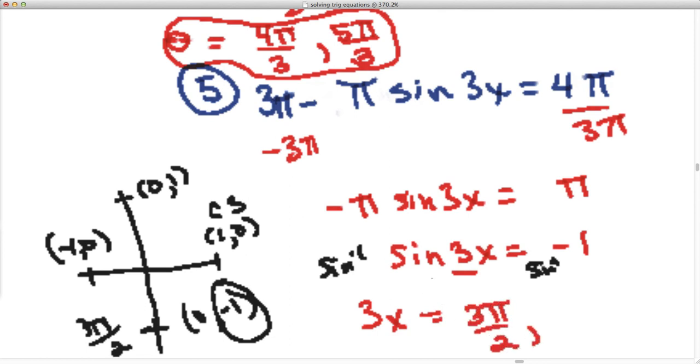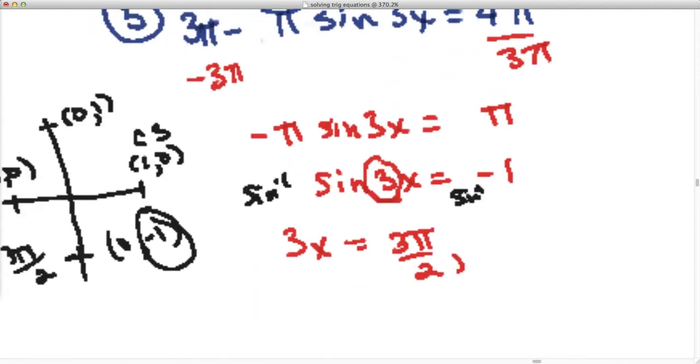We've got to go 3 times around the unit circle because of this 3 coefficient right here. Whatever this number is, that's how many times you go around the unit circle, and you add those answers right here. So to get the next one, I go off to the side and add 2 pi, because the only place that sine equals negative 1 is on this angle here. But if we keep going around the unit circle, every time we hit that, it'll equal negative 1.